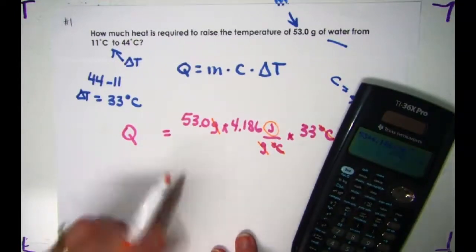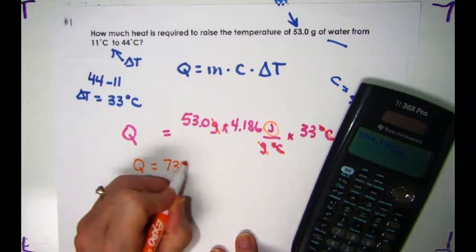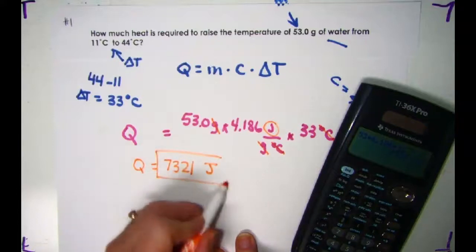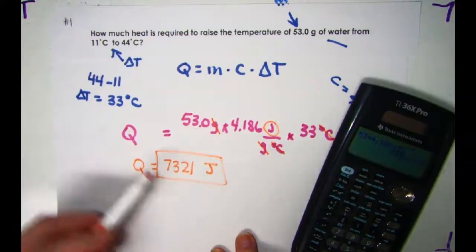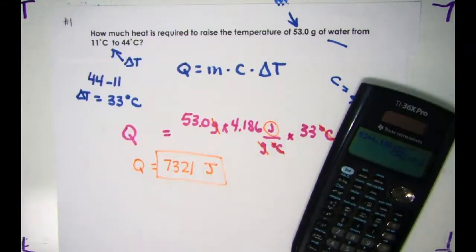And we end up with Q equals 7321 joules. We aren't going to worry about any of the extra numbers because we ended up with somewhere between 2 to 3 sig figs. Okay, so that's problem number 1.